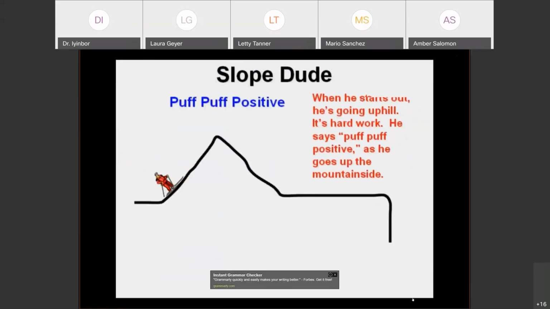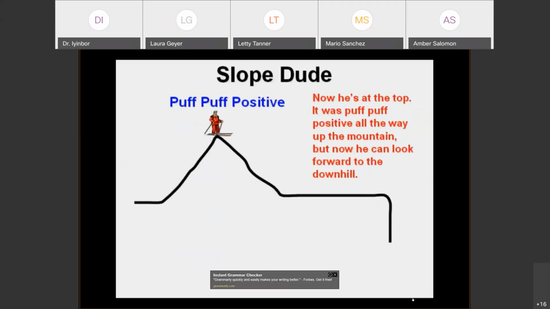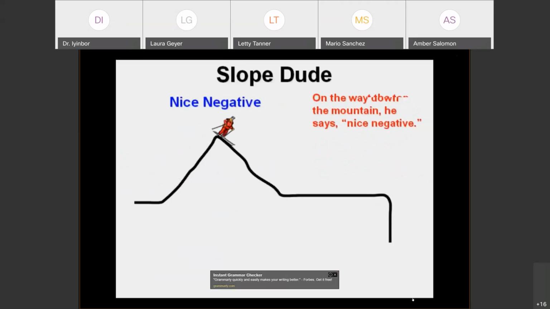When he starts out, he's going uphill. It's hard work. He says puff, puff, positive as he goes up the mountainside. Puff, puff, positive. Now he's at the top. It was puff, puff, positive all the way up the mountain. But now he can look forward to the downhill. On the way down the mountain, he says, nice, negative.